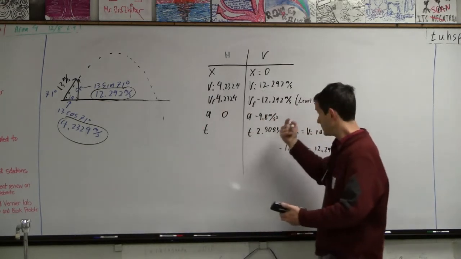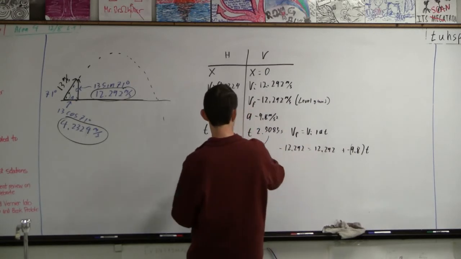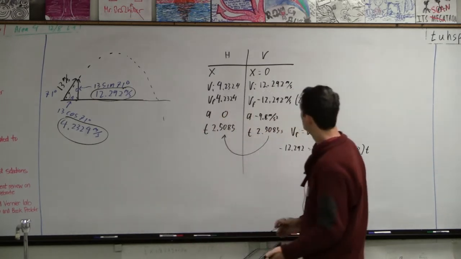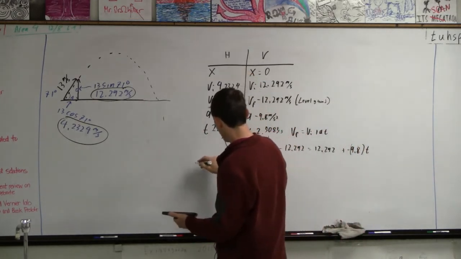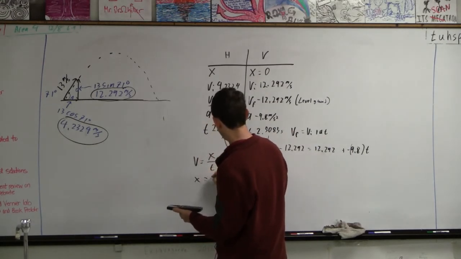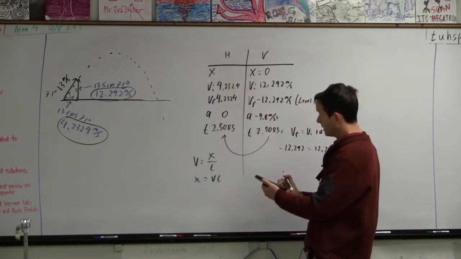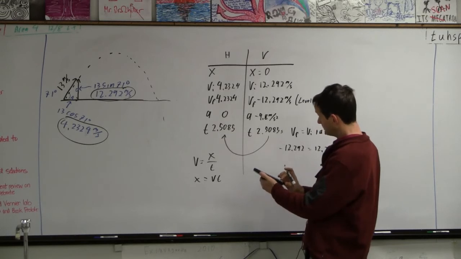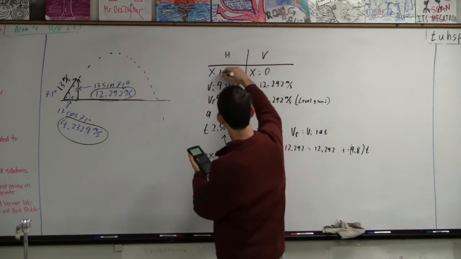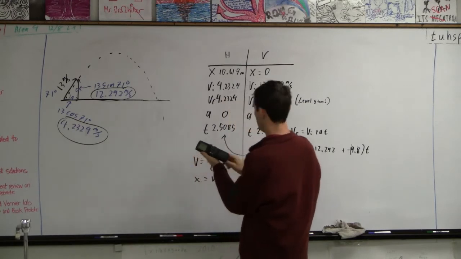Then you can just take that time and go across: 2.5085 seconds. And the only thing we ever do here is use this formula: v is x over t, or x is vt. So 2.5085 times 4.2324 equals 10.617 meters.